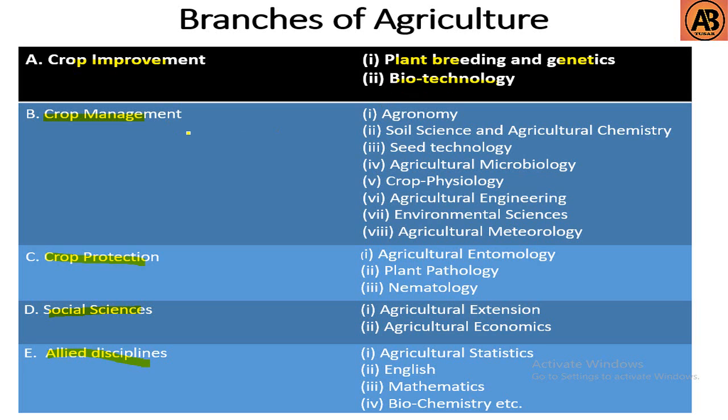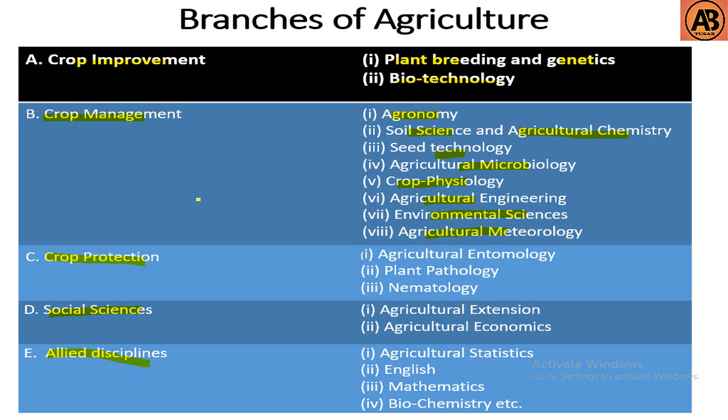Then crop management includes 8 branches such as agronomy, soil science and agricultural chemistry, seed technology, agricultural microbiology, crop physiology, agricultural engineering, environmental science, agricultural meteorology.